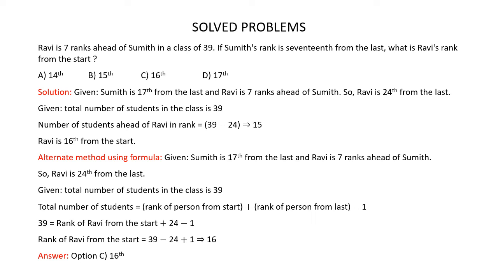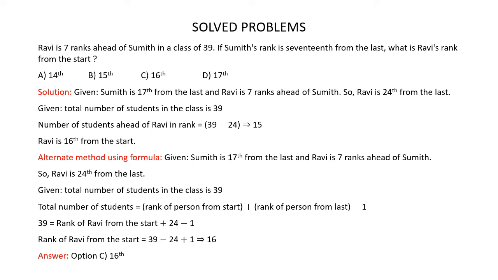So use the formula: total number of students is equal to rank of person from start plus rank of person from last minus 1. We know that the total number of students is 39. Ravi's rank from the start we have to find out and Ravi's rank from the last is 24.